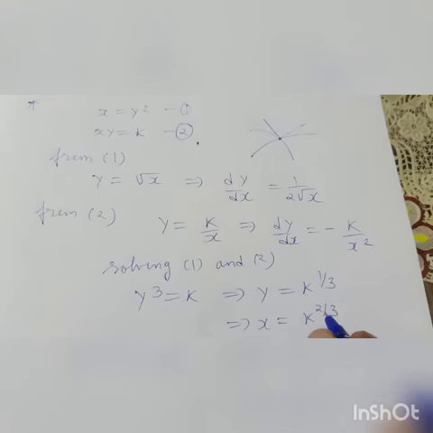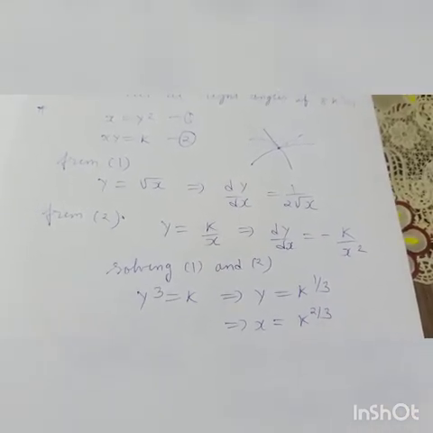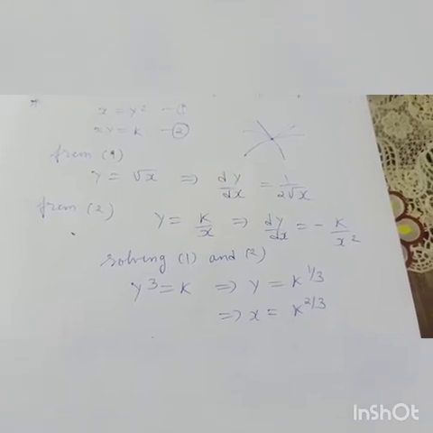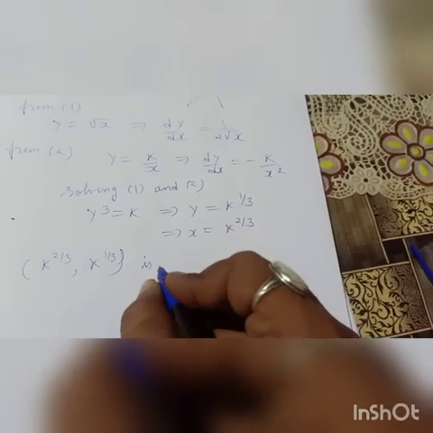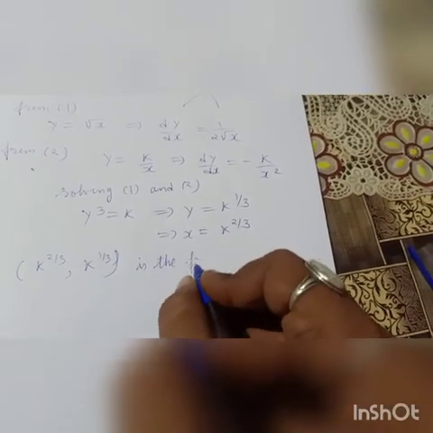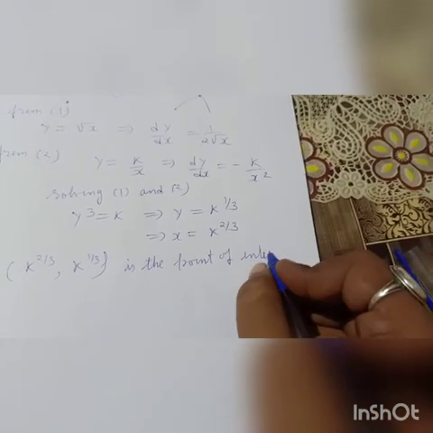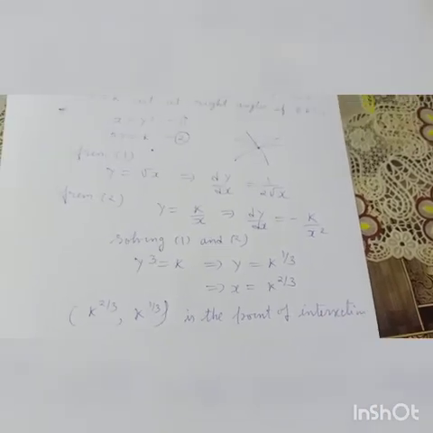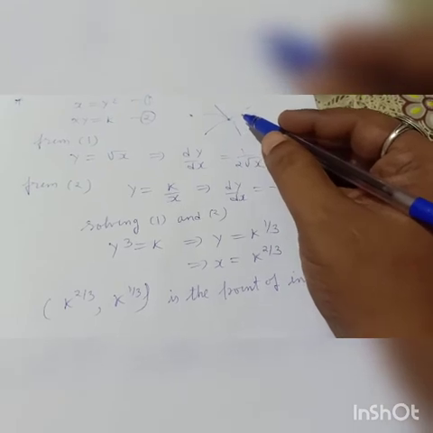So the point k raised to 2 by 3 comma k raised to 1 by 3 is the point of intersection. Now these two tangents are at right angles.